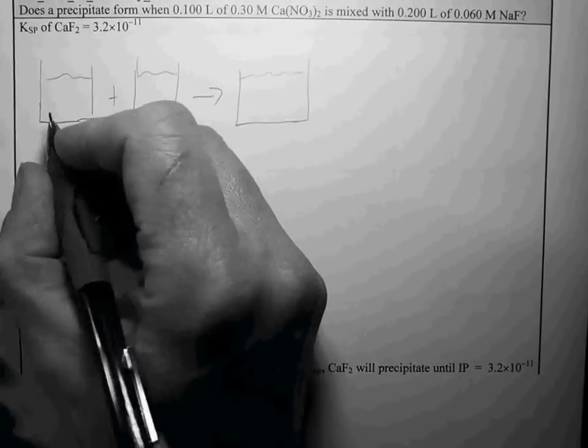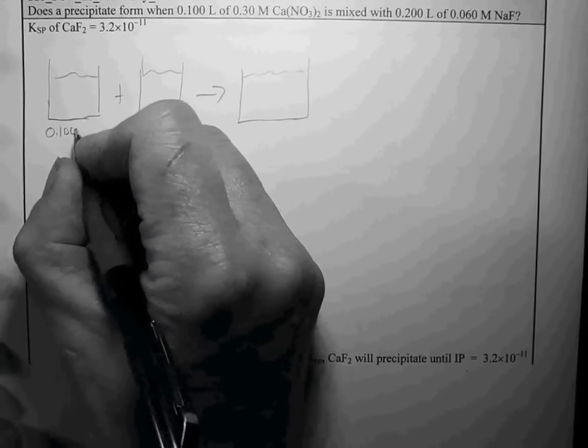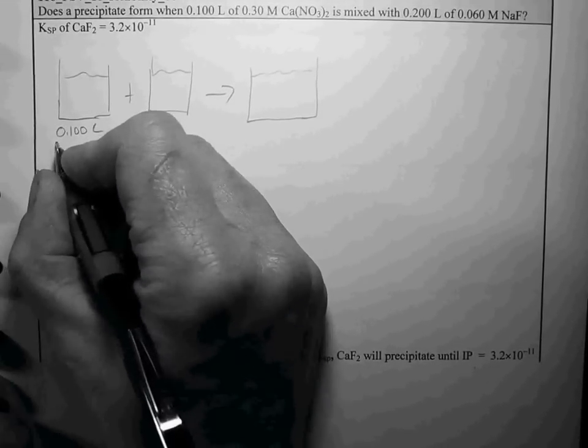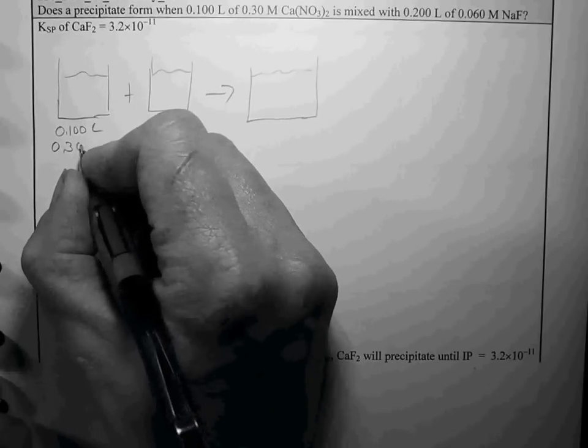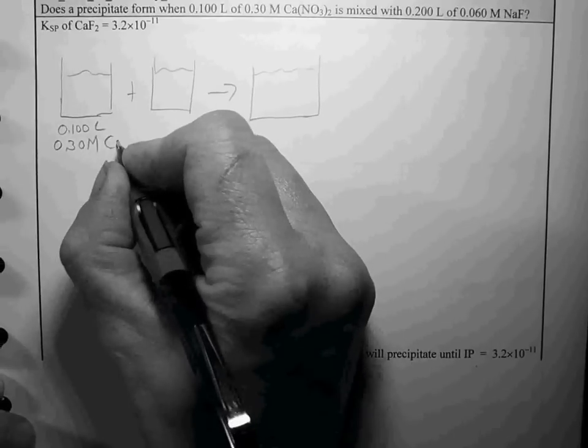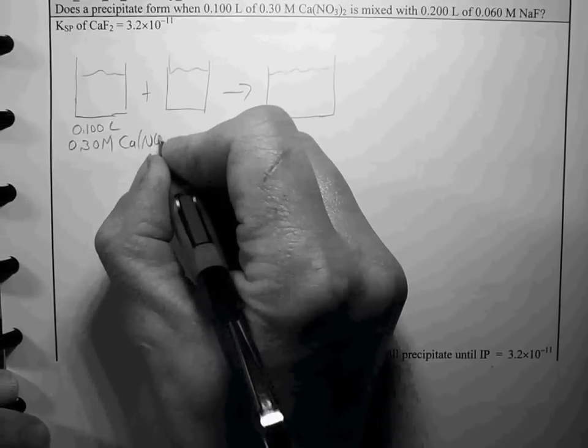The one solution is 0.100 liters of 0.30 molar calcium nitrate.